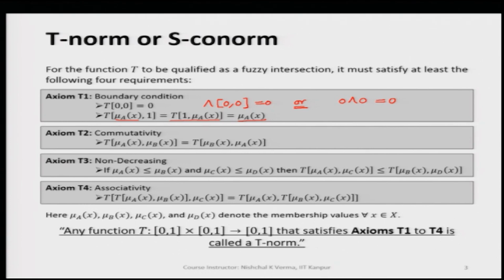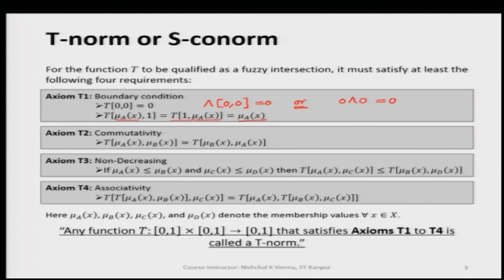So, whatever membership value mu A x can attain, it does not matter if we have 1. Whatever value mu A x has will be returned if we take T norm of mu A x and 1.